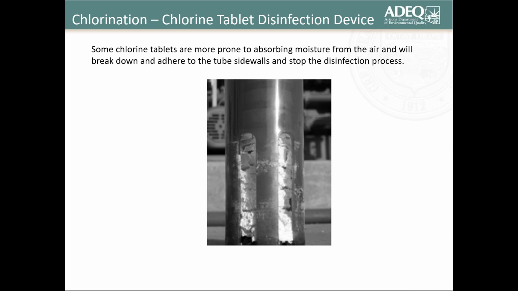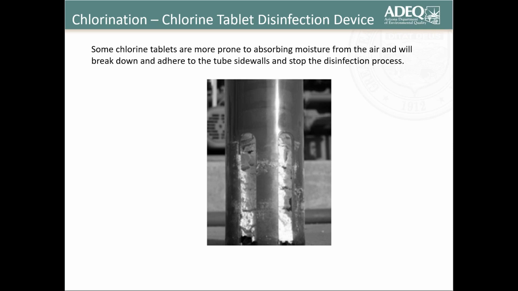Now, this is a picture of what can happen. So obviously the chlorine tablets are breaking down higher up in the tube. Ideally, we want them to break down just where they're coming into contact with water. I'm not sure what happened here. It could have been humidity that did this.